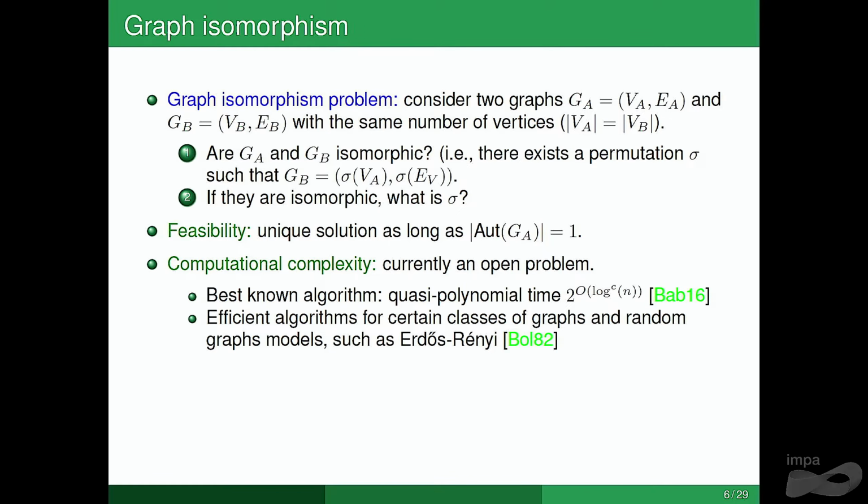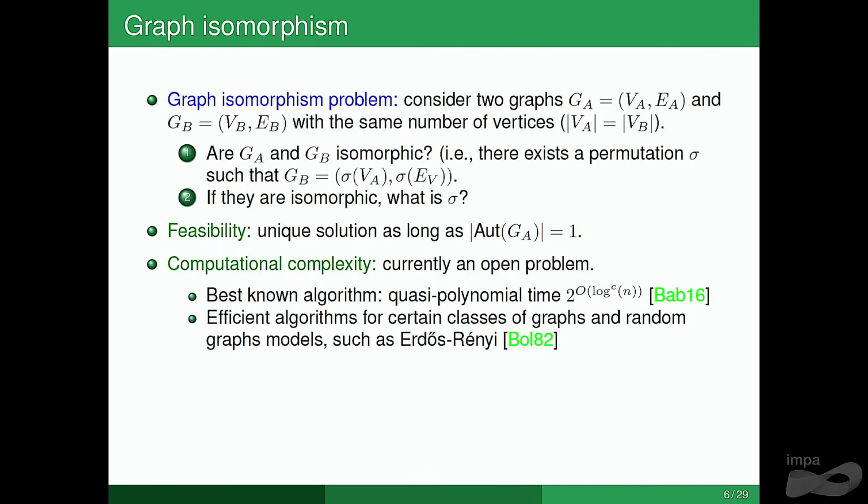In terms of the computational complexity of this problem, well, this has to do with computer science and all this theory about P versus NP and so on. But the most efficient method known nowadays was proposed in 2015, 2016 by Laszlo Babai.